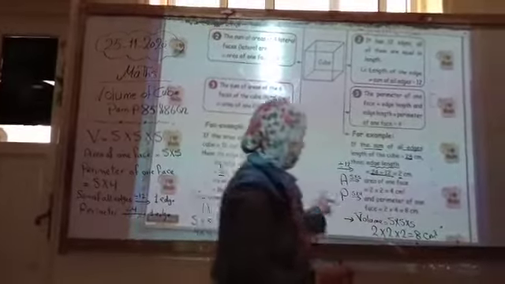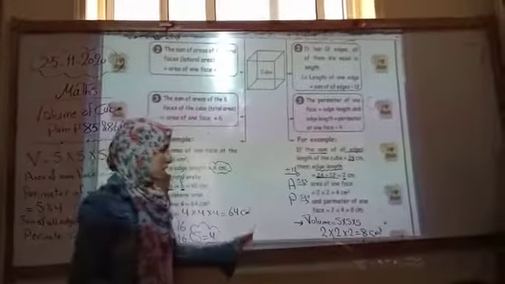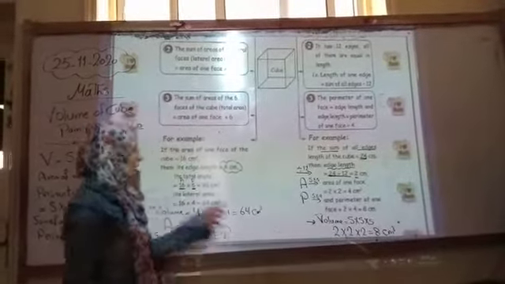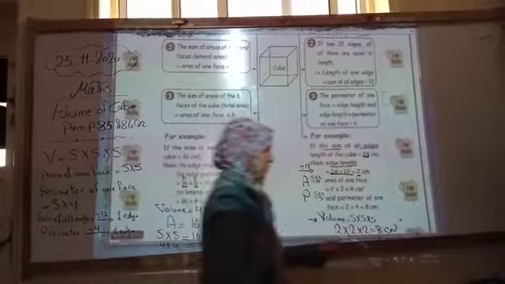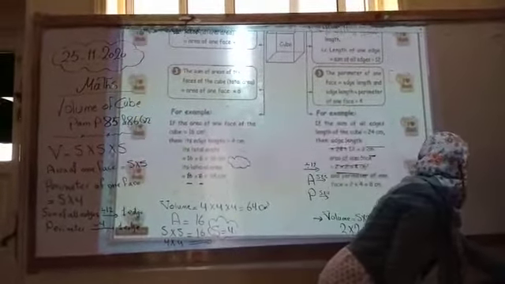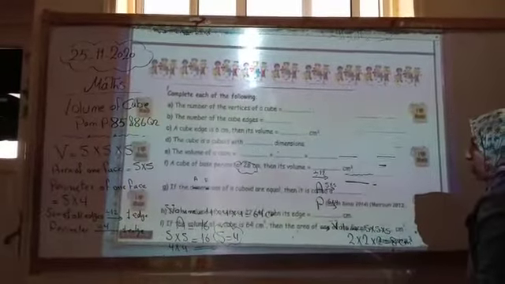Now, this is page 85, pamphlet page 85. Study this page well and write these rules on it. Okay? Now, we will go to page 86. We will solve question 2.